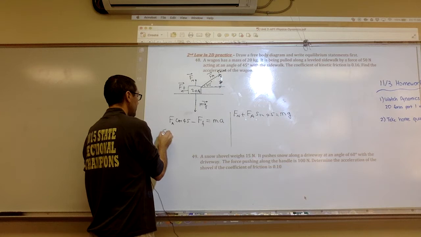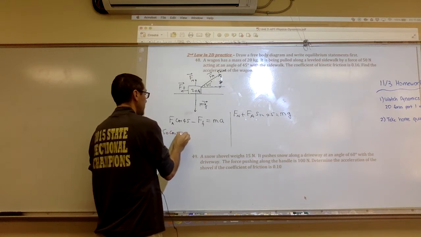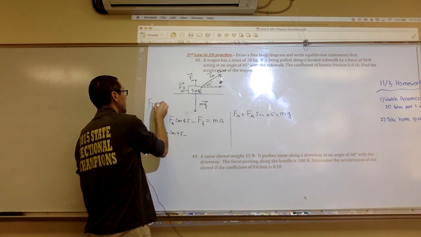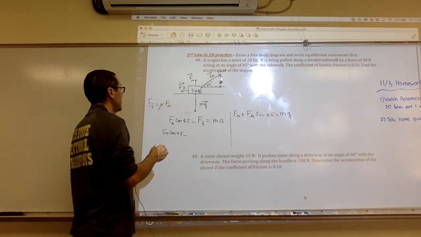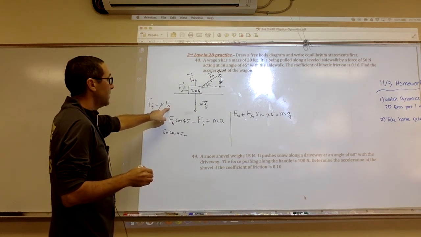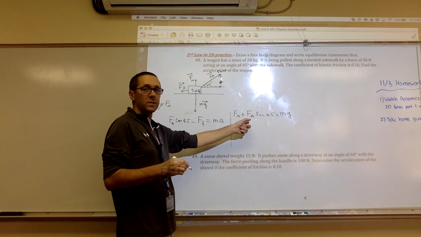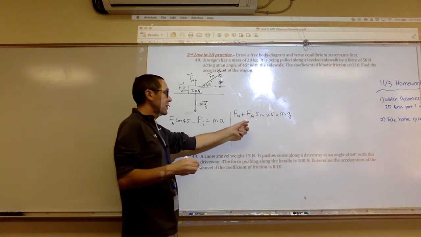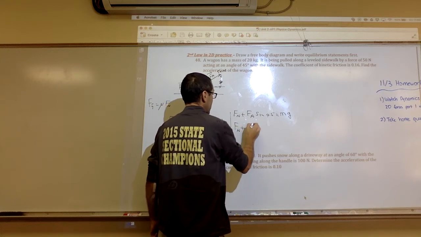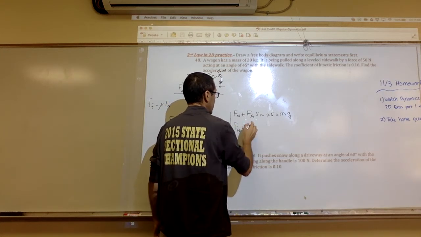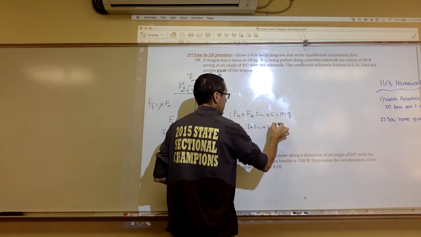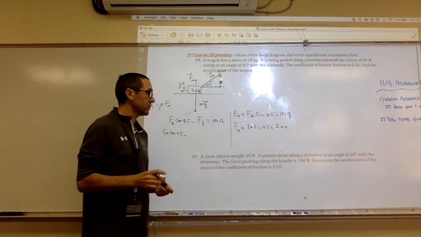Now the Fa part is 50 cosine of 45 minus friction, and friction is mu Fn. I have the coefficient of friction, which is 0.16. I don't have Fn, so I go to the other side, get it, and bring it back here. So Fn plus 50 sine of 45 equals 20 times 10, which is 200.